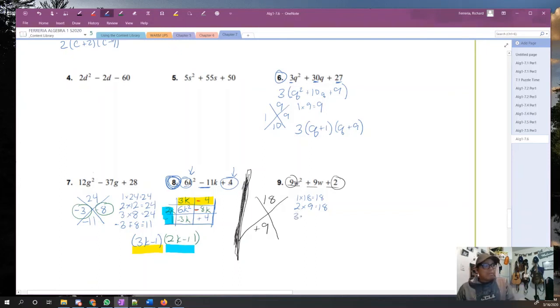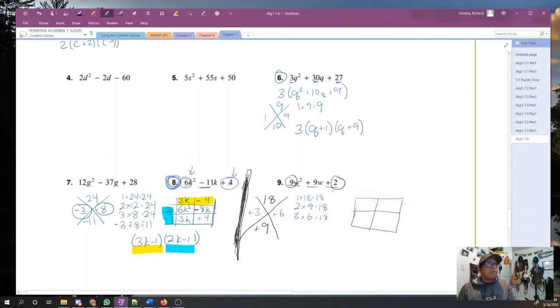How about 3 times 6 is 18? 3 plus 6 is 9. Oh, so I'm pretty much done. So plus 3 and plus 6. Okay, so now that I have that, let's get to my square. And I'm going to draw a less fancy square this time.